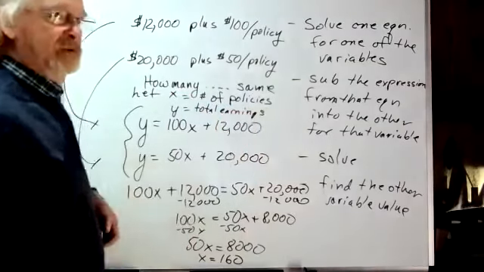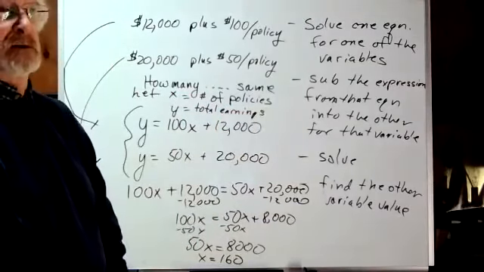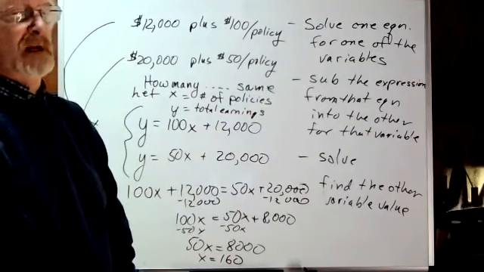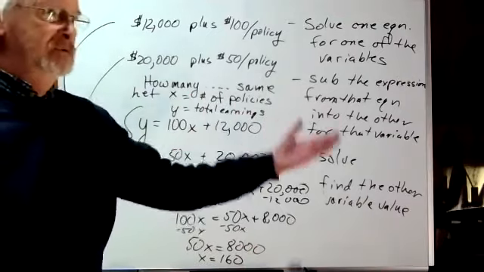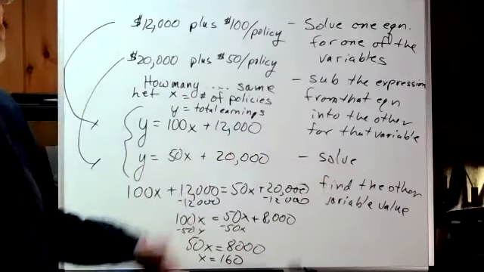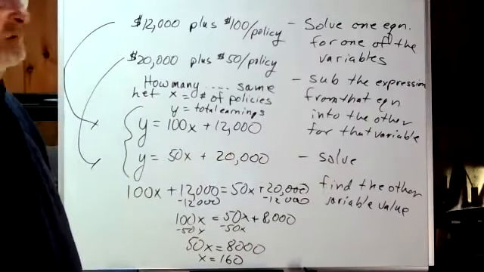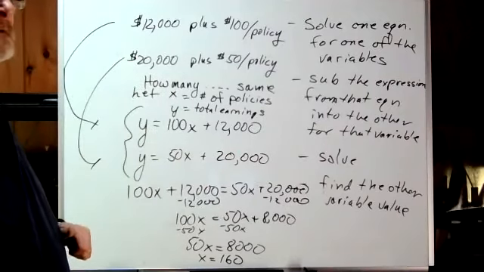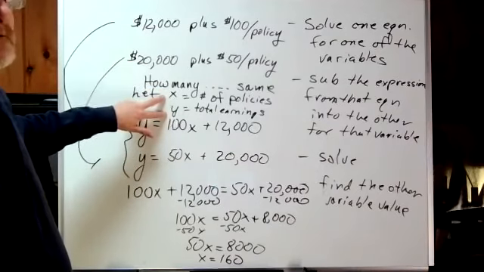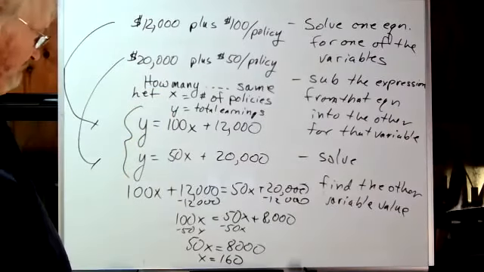Probably should write that in for yourself. Sometimes the problem will tell you, use X for this and use Y for that, or use M for this and use N for that. Gotta read that carefully so you don't mix them up. But otherwise, you're just starting from scratch on your own. You really should just define your variables.